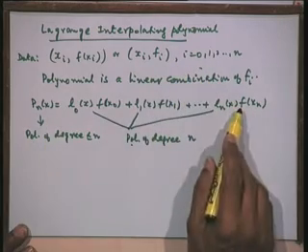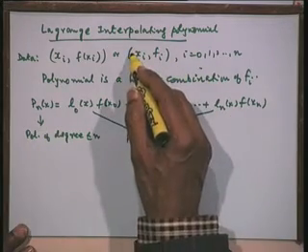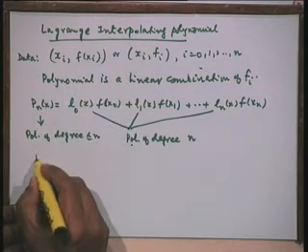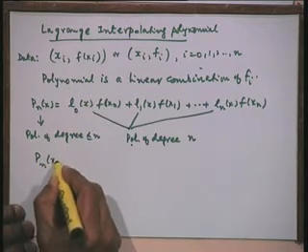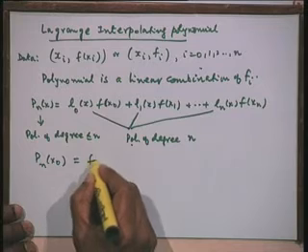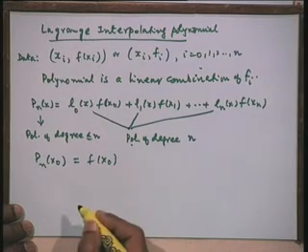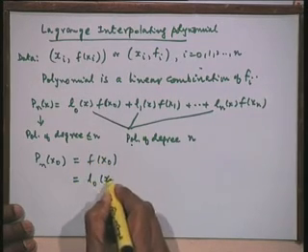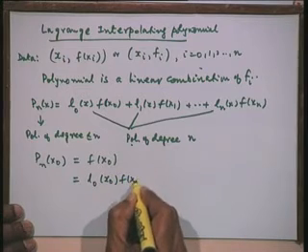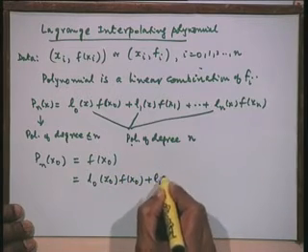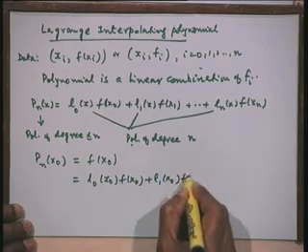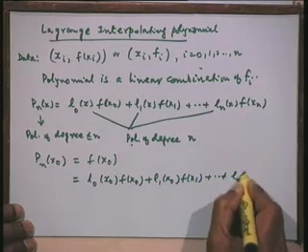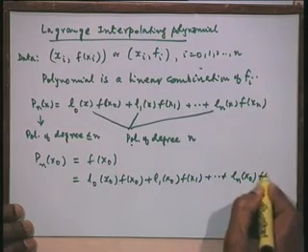But if this is the polynomial fitting this data, let us just satisfy that P_n(x_0) must be equal to f(x_0). But this is equal to L_0(x_0) f(x_0) plus L_1(x_0) f(x_1) plus ... plus L_n(x_0) f(x_n).